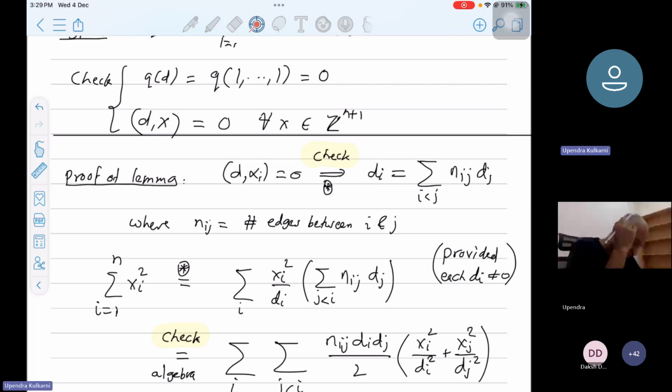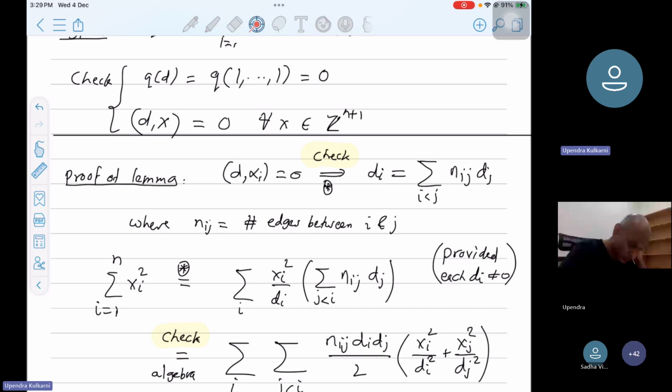I would like to deduce from this that all the neighboring dj's are also 0. But why can't it happen that some of them are positive and some of them are negative? Remember, I'm assuming that there are no loops here, so the j's are all distinct from the i's.